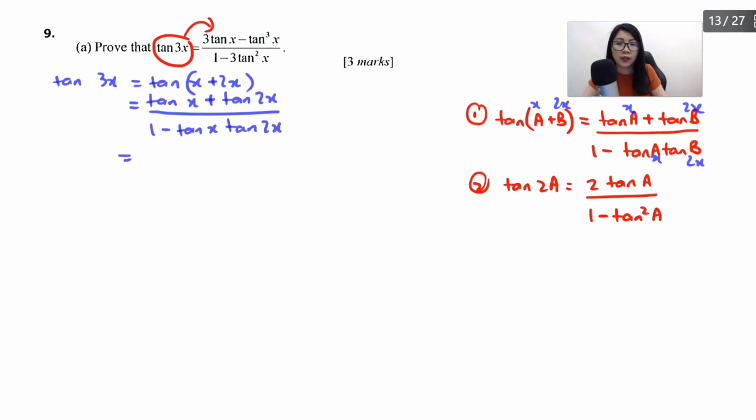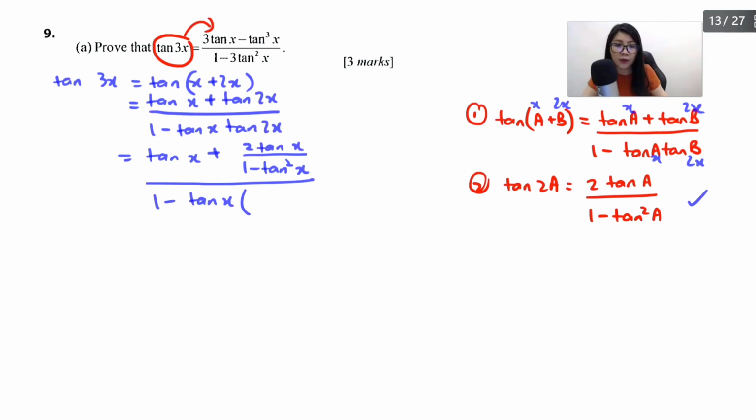Now there's a tangent 2x here, so I'm going to use this formula. It will be tangent x plus tangent 2x, which is 2 tangent x over 1 minus tangent square x, then the whole thing over 1 minus tangent x times 2 tangent x over 1 minus tangent square x.